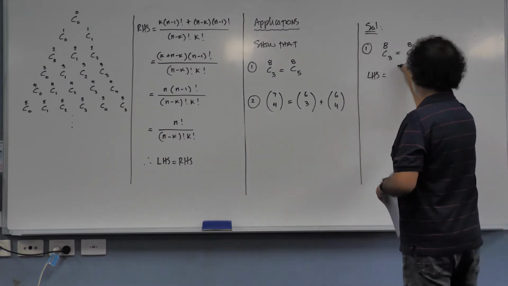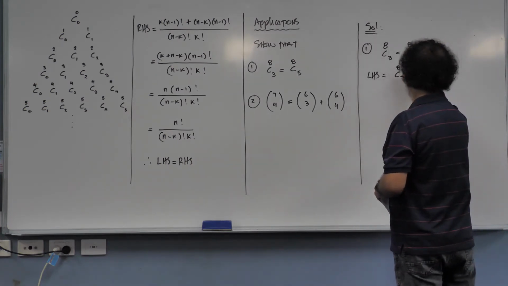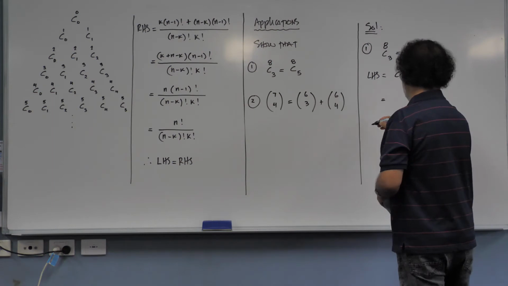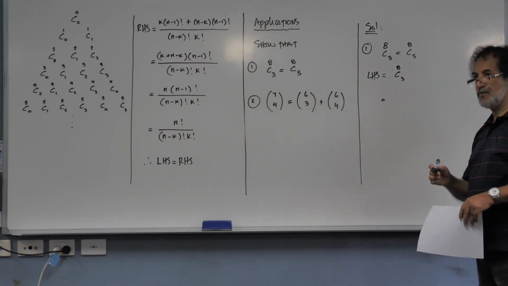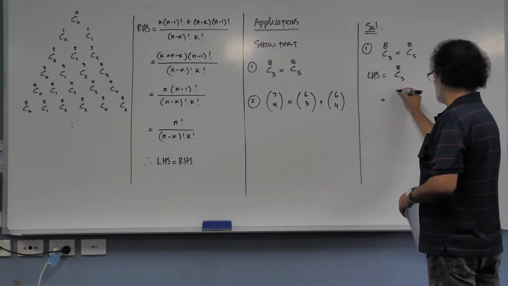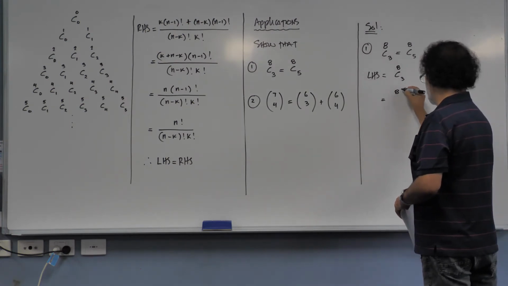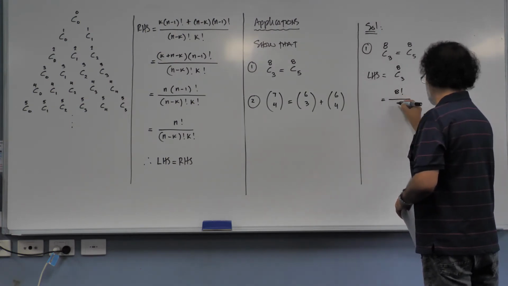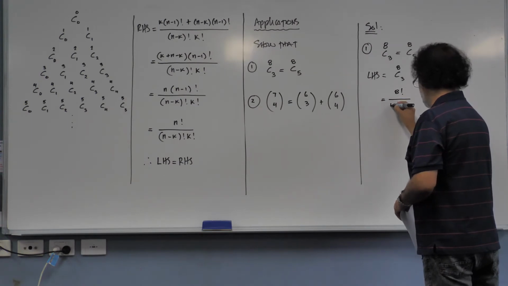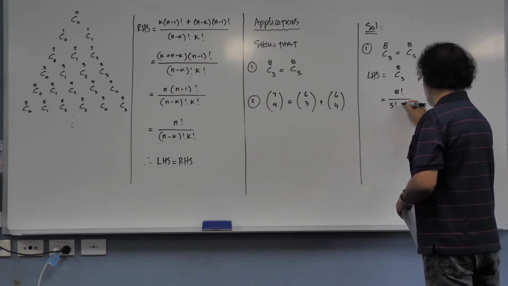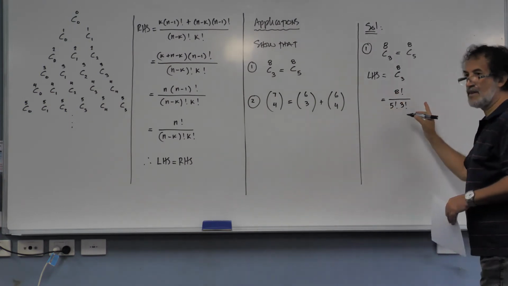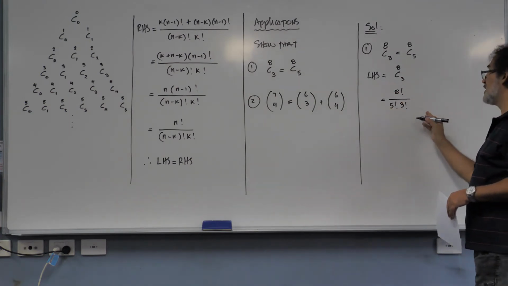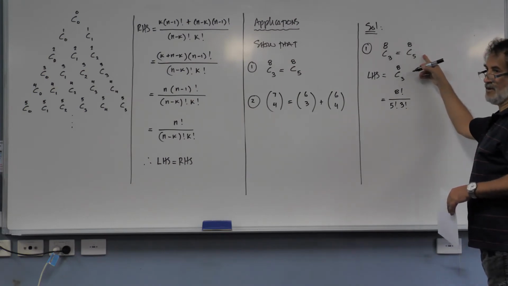So I'm going to say 8C3, using the formula, you're going to tell me. Go for it. 8 factorial over 8 minus 3 factorial, which is 5 factorial, and 3 factorial. Again, we're going to leave it like that, and then we're going to compare that with the other one.